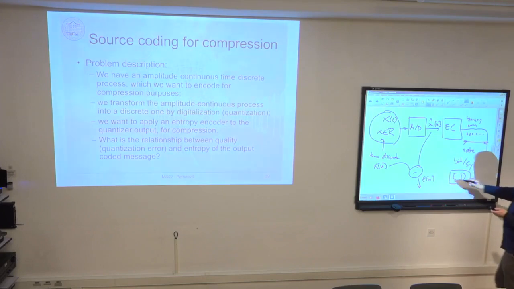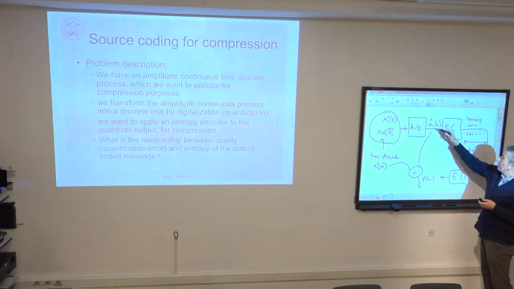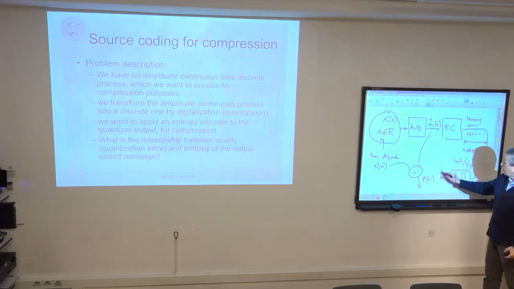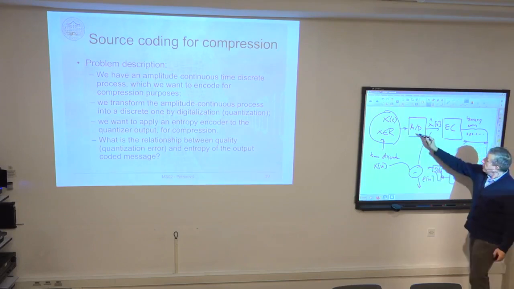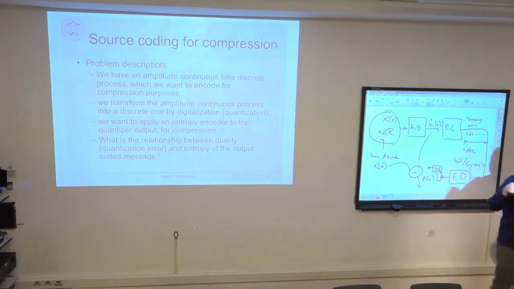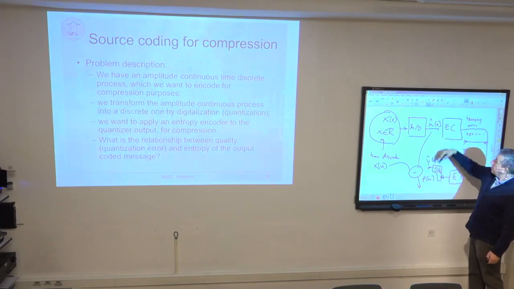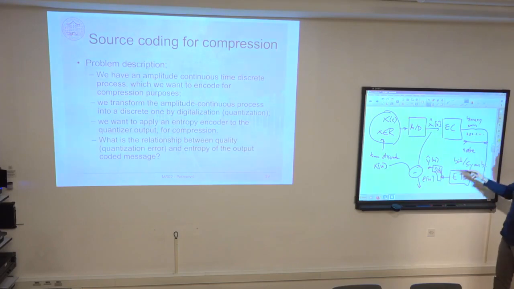And what you get after this decoding is exactly the same sequence of numbers that you have in the output of AD converter. So of course, if I have DA conversion here, I would have exactly the quantized, analog representation of this signal. And this reconstructed message, Y hat, is the same as X hat, because if you don't have any errors in transmission, you should have perfectly reconstructed signal at the output of DA converter.